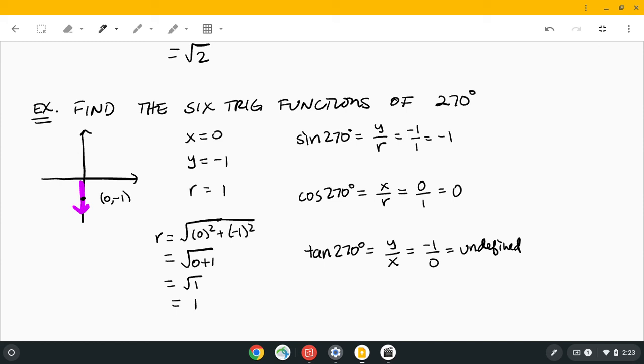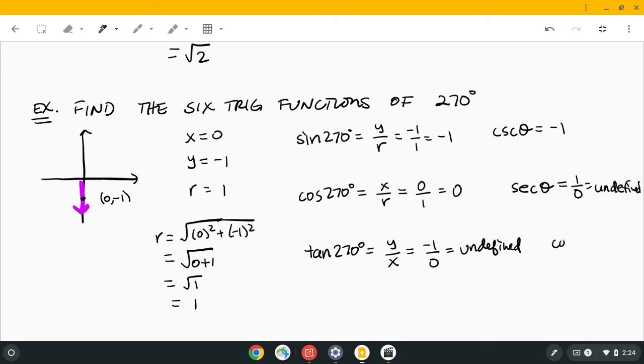Okay, so let's get the other 3 by taking the reciprocal of these 3 answers that we just found. Alright, so cosecant theta is going to be the reciprocal, which is just going to be -1. Secant theta will be the reciprocal, which is 1 over 0. So here, this will be undefined.